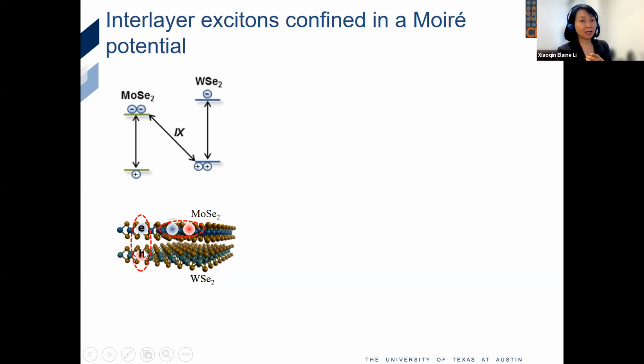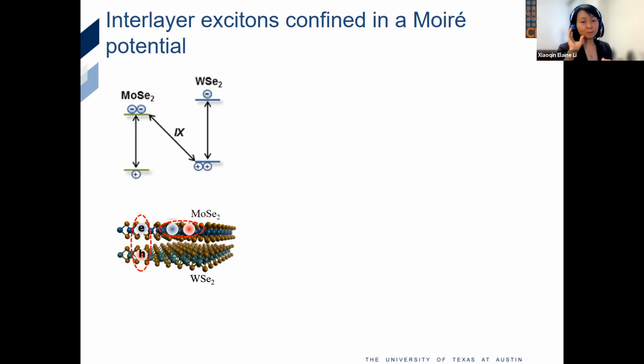These two species of excitons will both experience the Moiré superlattice, but they have very different properties. These intralayer excitons have huge dipole moment, very short lifetime. The interlayer excitons have much reduced dipole moment, much longer lifetime. As we learned, we can actually control the lifetime of this interlayer exciton very easily by the twist angle, by a factor of 10 easily, much bigger if we explore a bigger range of twist angle.